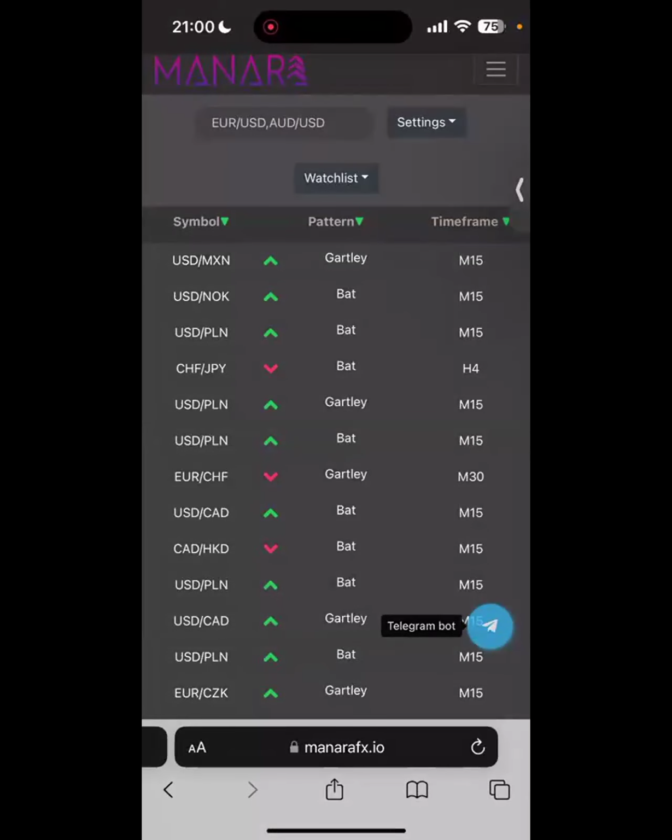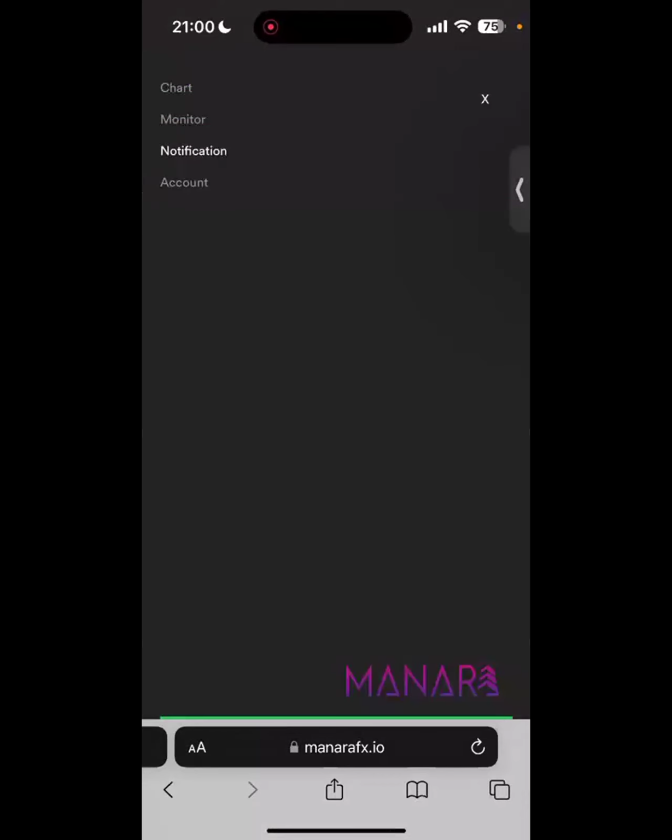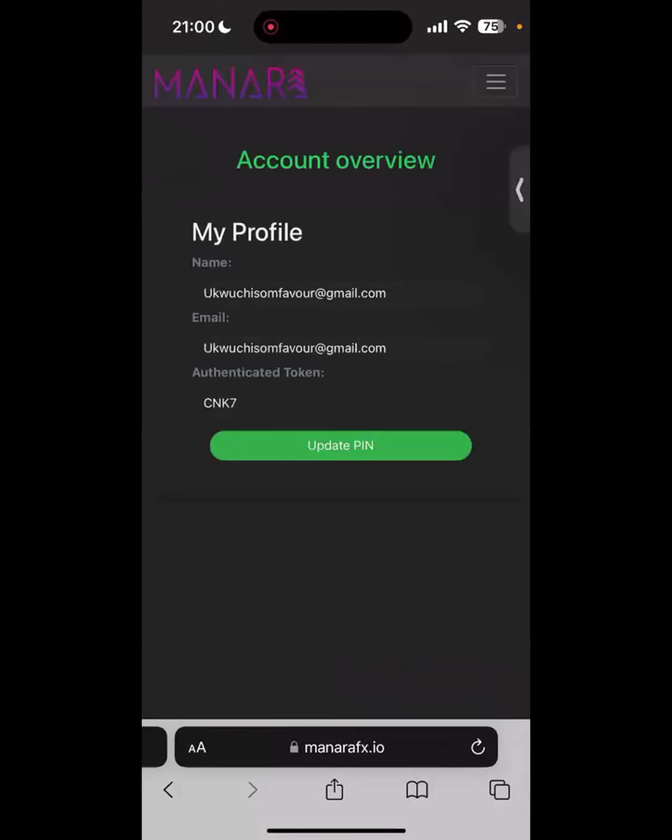It told us to go to account. So click on your menu line. Can you see authenticator token there? Yeah. You just copy it.